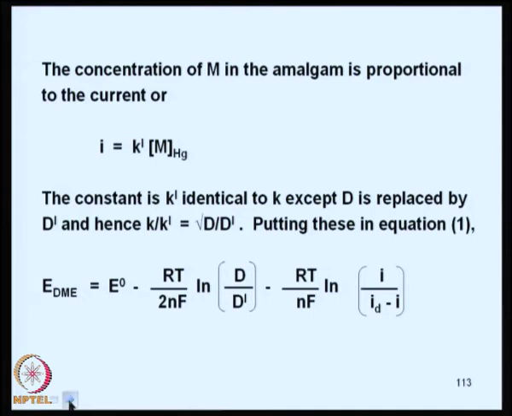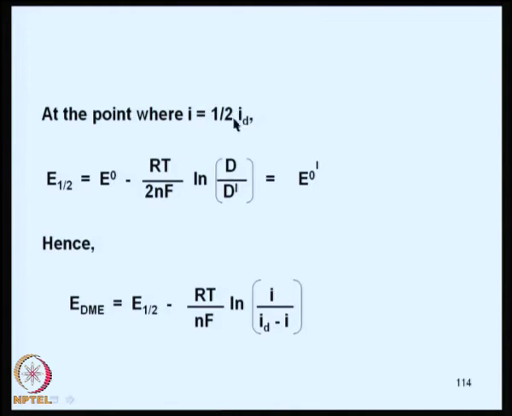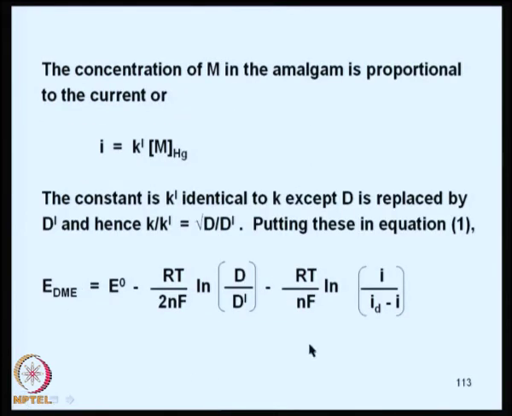So, if we process this equation further, at the point where I is equal to I_d by 2, go back to this equation. I is equal to I_d by 2, that means here I_d, here I am going to write I_d by 2, that is I_d minus I_d by 2, here I_d by 2. I_d minus I_d by 2 is I_d by 2, and here it is I_d by 2, that means the log of 1 becomes 0.